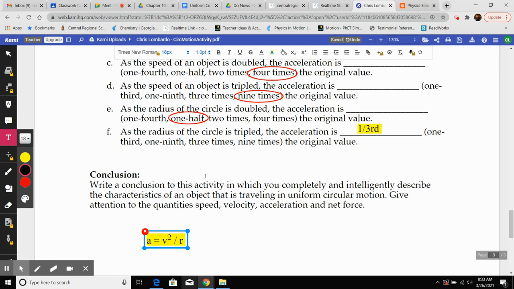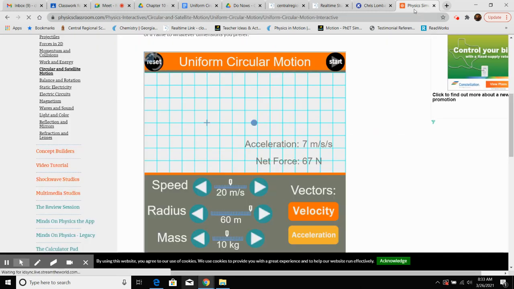You just figured out an equation for this piece here. The acceleration for an object moving in a circle at a constant speed is the velocity, or the speed, squared divided by r. And they asked also about net force.